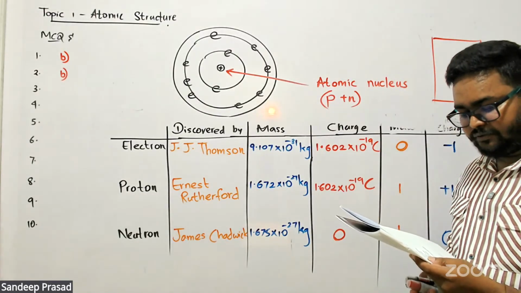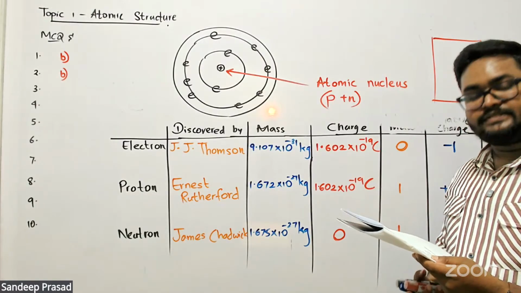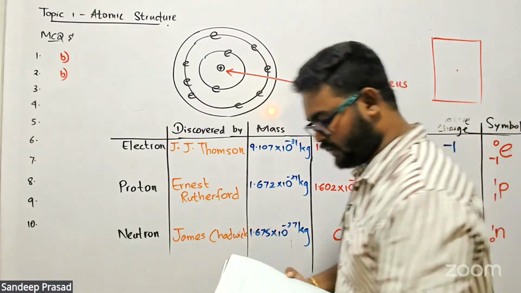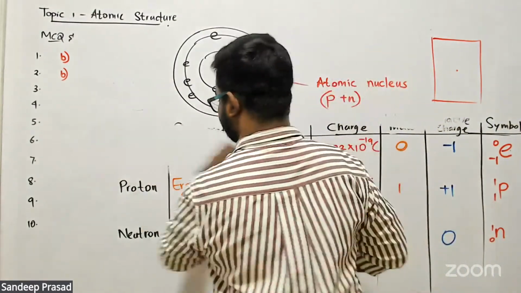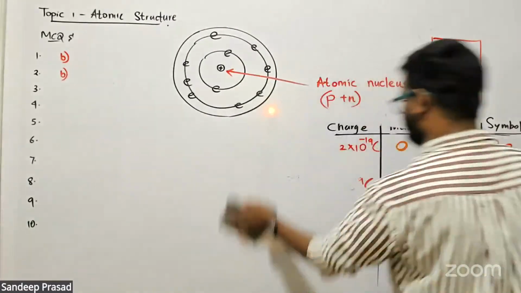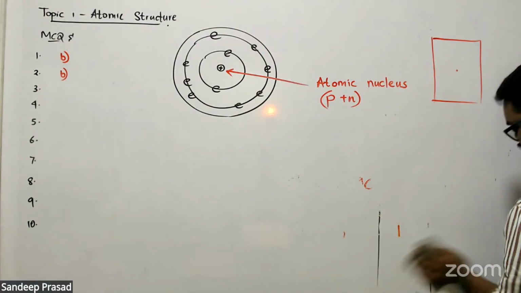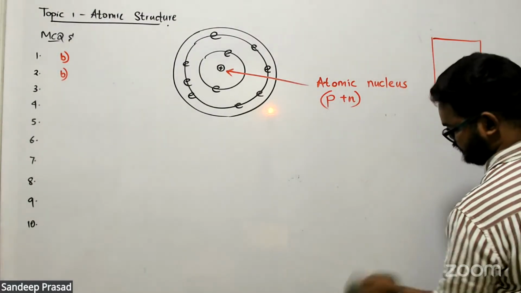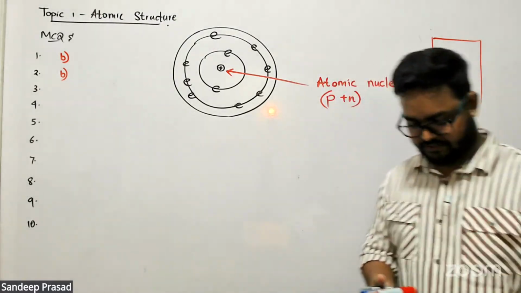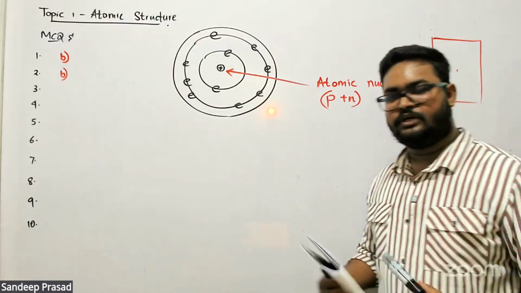You have already learned about these things. Atomic number. The atomic number represents, right? So the atomic number is representing number of protons.